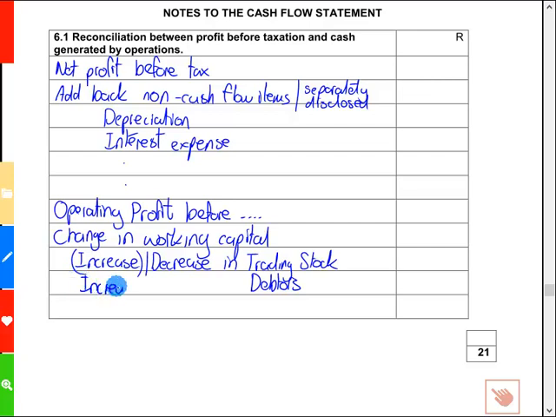It's easier to think of debtors on the decrease side. Why would my debtors decrease? If my debtors come and they pay me money, then they're going to decrease. So the decrease is going to be an inflow and the increase is going to be an outflow. For all your assets an increase is an outflow, and for all your liabilities, a decrease is going to be an outflow. Okay, but it all makes logical sense.